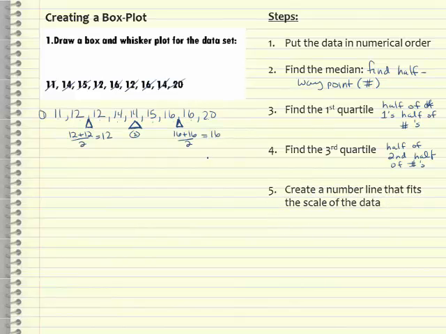Then I create a number line that fits the scale of the data. So I need a number line that will take me at least through to 20. 11, 12, 13, 14, 15, 16, 17, 18, 19, 20, 21.